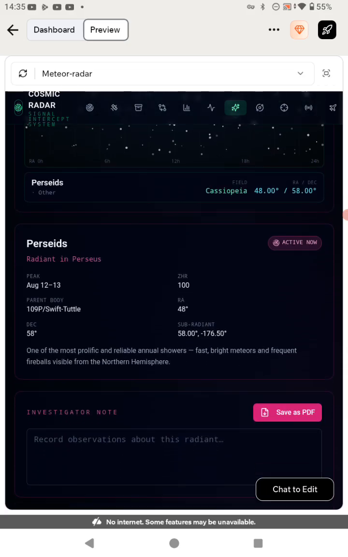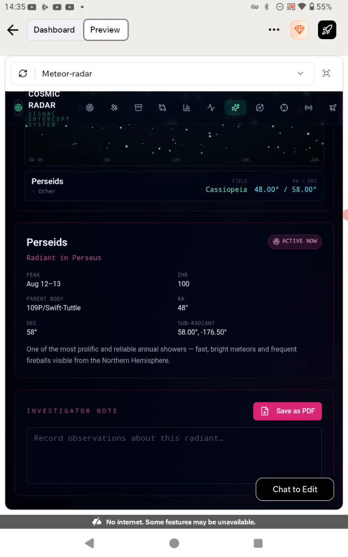And then we got like Perseus. Okay, now on August the 12th and 13th, we have, I think that's ZMR, I don't know, 100. Okay, so then the next one, which I'm not sure what it says, but it's 109p over Swift Tuttle, 48 degrees. And then we got 58 degrees, and the direction is 58.00 and negative 176.0 degrees.